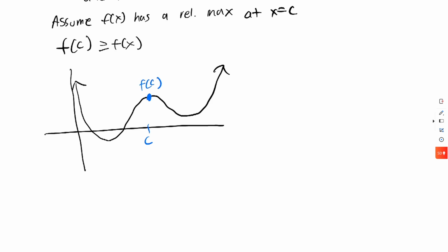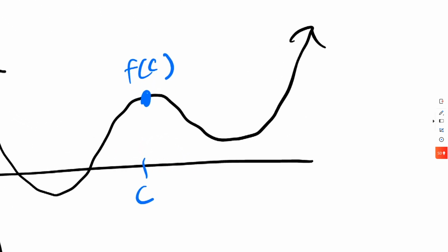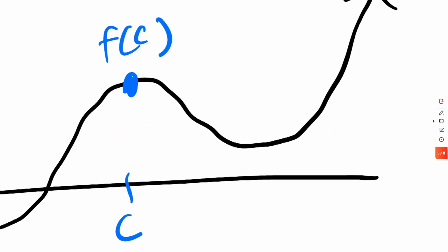And we're just saying that for all the points around here, all these tiny points around it that are sufficiently close, f of c is just greater than them.